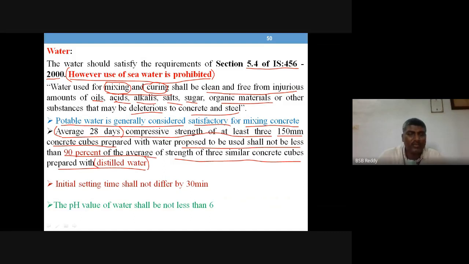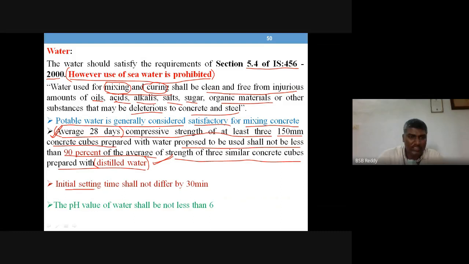Then you can consider that water. If you are not sure whether it is potable or not, and you want to test whether that water can be used or not, this is the technical information that you can rely on. And that is about strength requirements of the water.